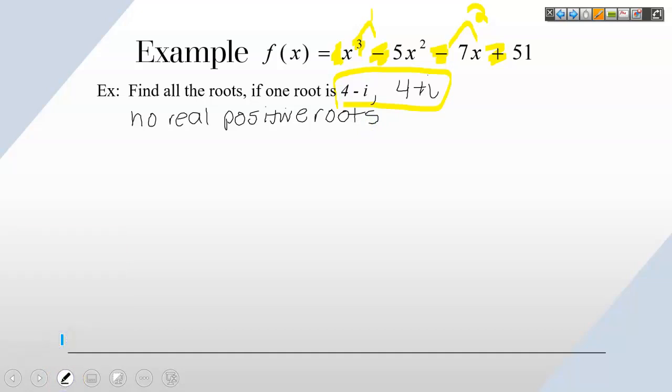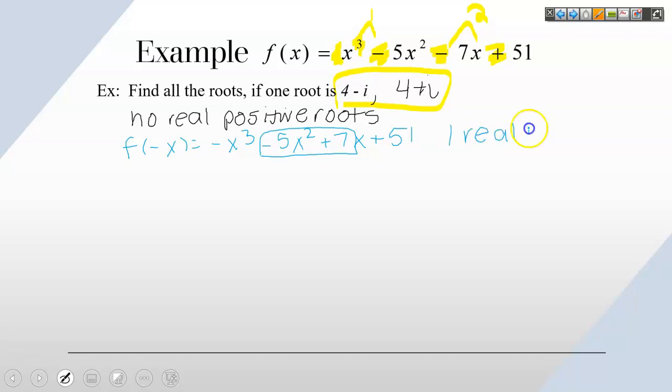If I plug in a negative x, then I get a sign change from x squared to x, meaning that I have 1 real negative root.